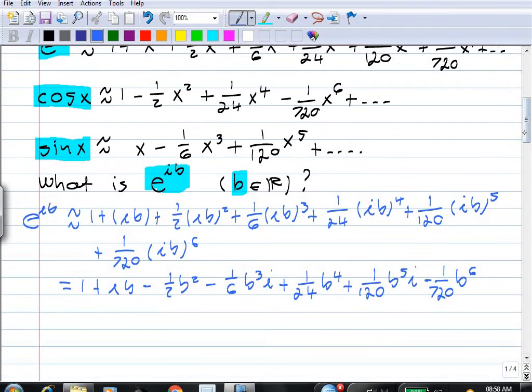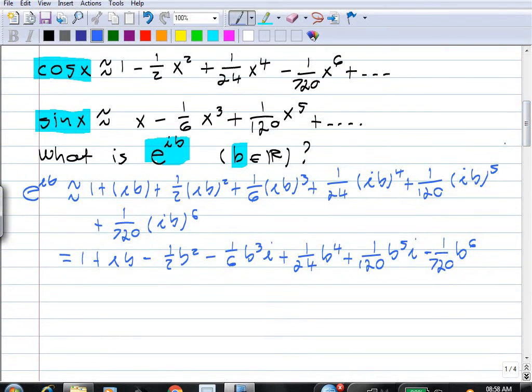Now let's group together all the real and all the imaginary bits. So we group together all the real bits: we're going to have 1 minus a half b squared plus 1 over 24 b to the fourth minus 1 over 720 b to the sixth.